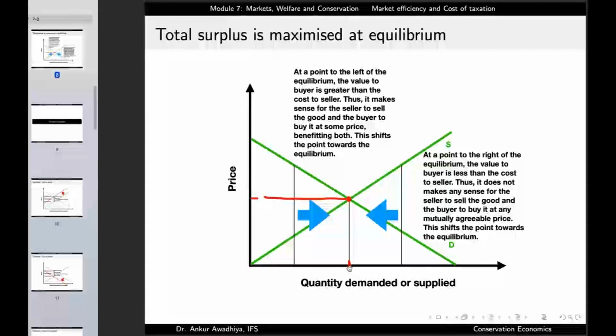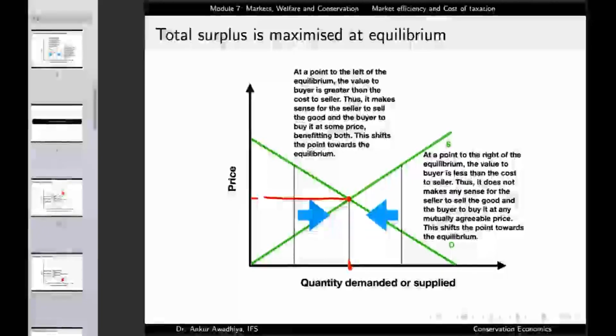Now, the question is, is this the point where the total surplus is maximized or not? To prove that, let us look at points to the right and to the left of the equilibrium.